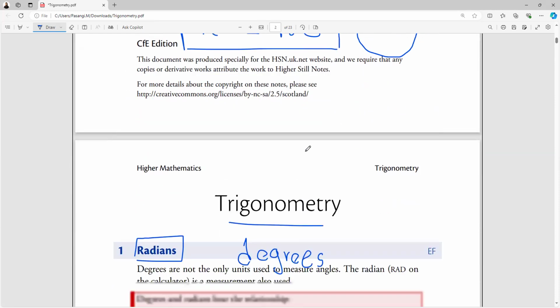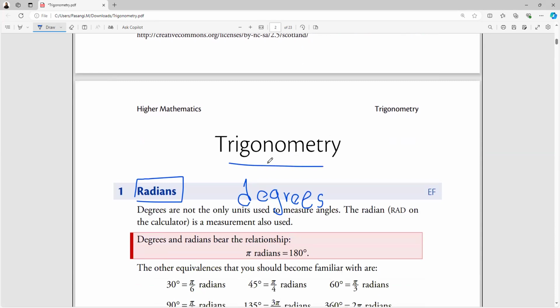Now let's go through the conversions. Tell me, if it's 30 degrees, and we convert these degrees into radians, how do we calculate that? What do you think? Divide 180 by 30. Yes, very good.